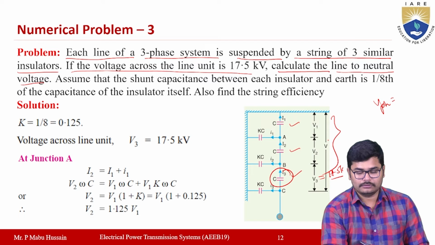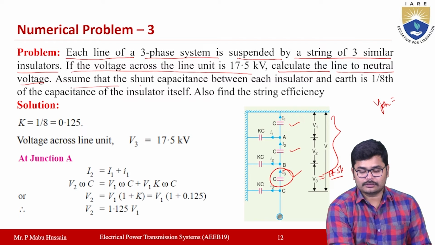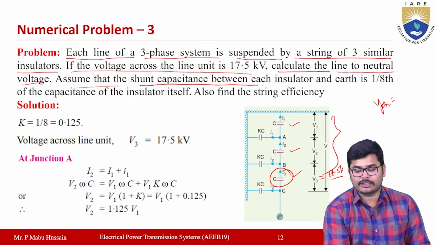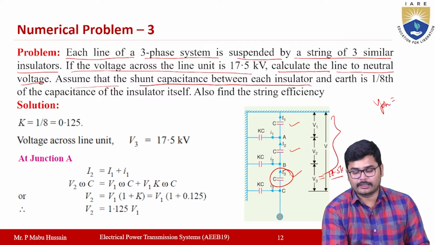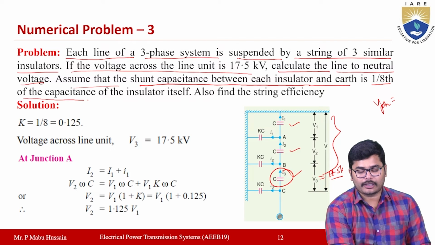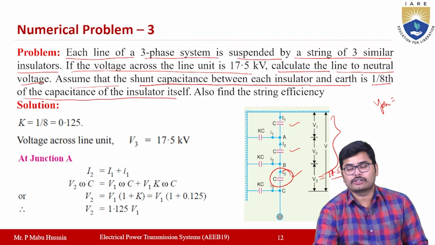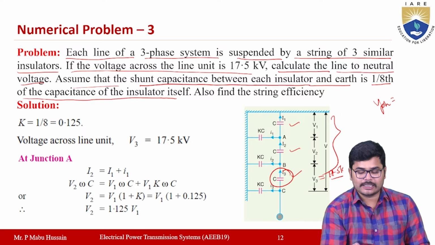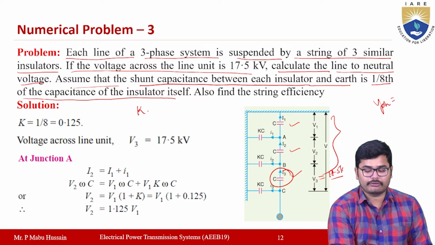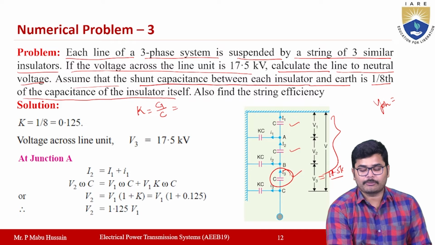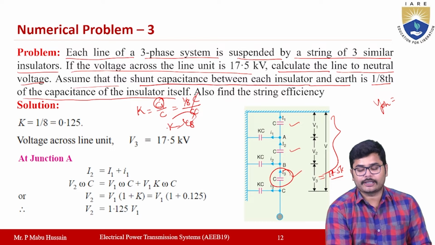Okay. Assume that the shunt capacitance between each insulator and the earth is 1/8 times the capacitance of the insulator itself. This means it is the value of K. The value of K is C1 by C, where C1 is the shunt capacitance, and they say this shunt capacitance is 1/8 times C. So C will get cancelled, and the value of K is 1/8.